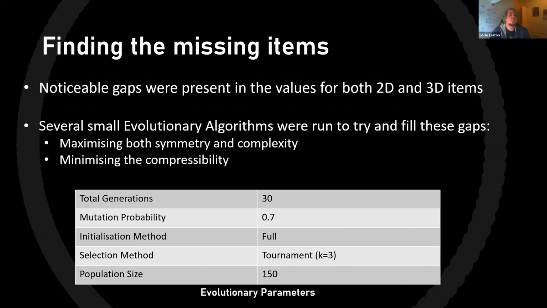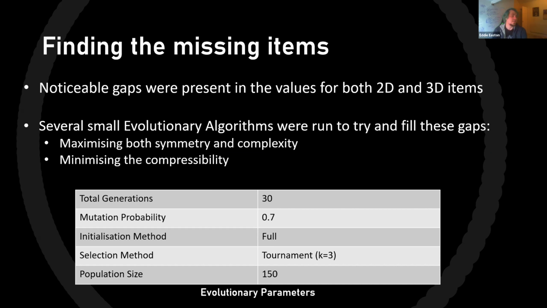Okay, but as we just saw, there were some very notable gaps present in the values. So one thing that was important to determine is whether this was caused by the process, by the constraints we were adding onto the system, or some other reason that was preventing these items from being generated. And in an attempt to fill these gaps, we ran several small evolutionary algorithms.